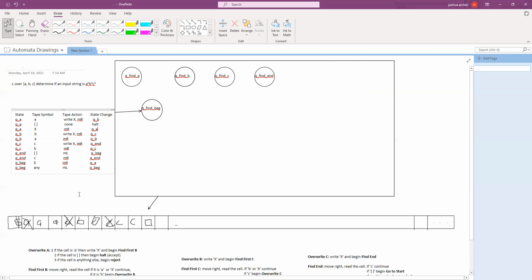But shouldn't we still have the halt state? Because when we mark off all the A's and all the B's and C's, and we're at the end, it's like, okay, just stop. Or do we just automatically stop looking after it marks off all the A's? Well, you don't, and here's why. Because there is a special action called halt. And what this action means is, I'm done. It is accepted.